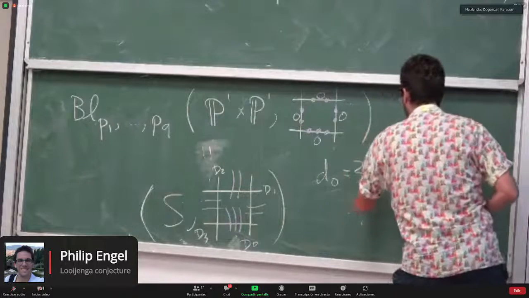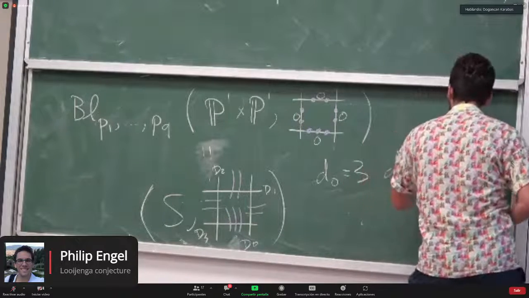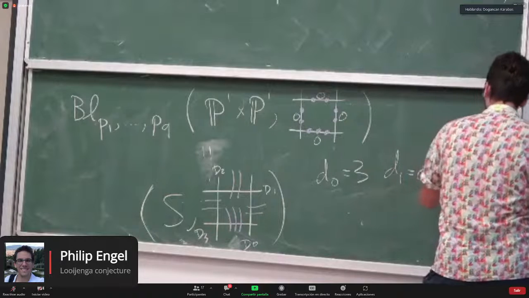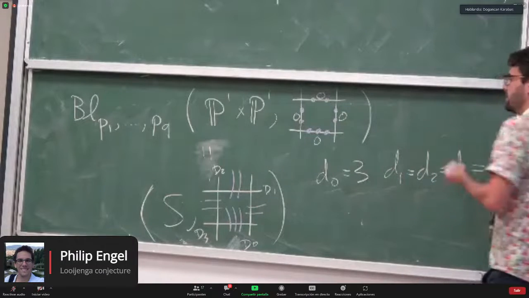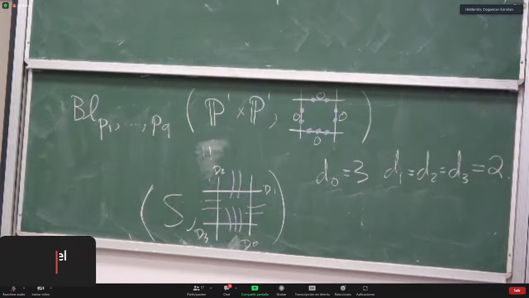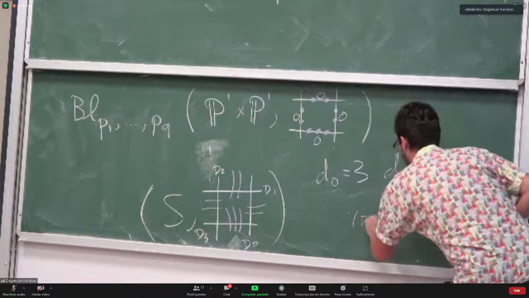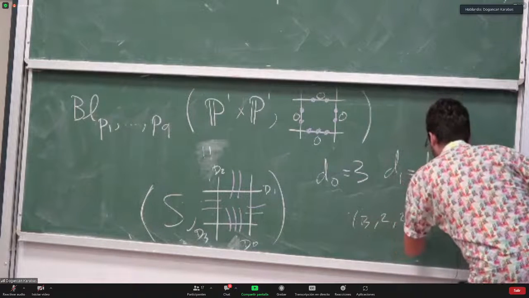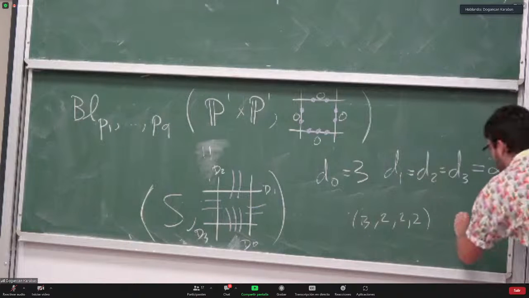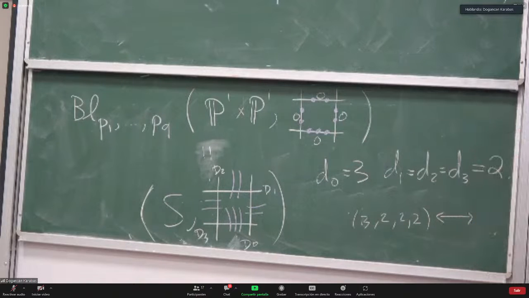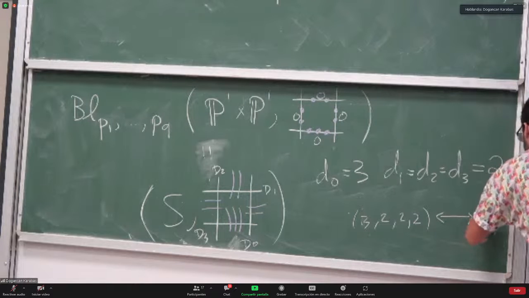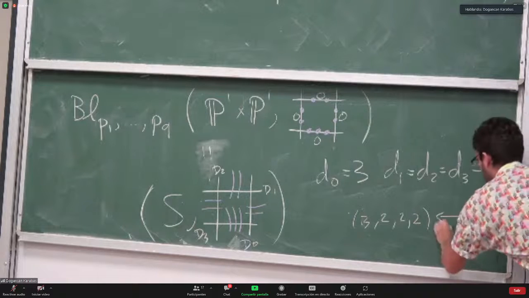D0 will be -3, and then D1, D2, and D3 will all be -2, because we did 2 blowups on those. So we get the cycle -3, -2, -2, -2. And this happens to be dual to the cycle -4. Okay, so this is dual.